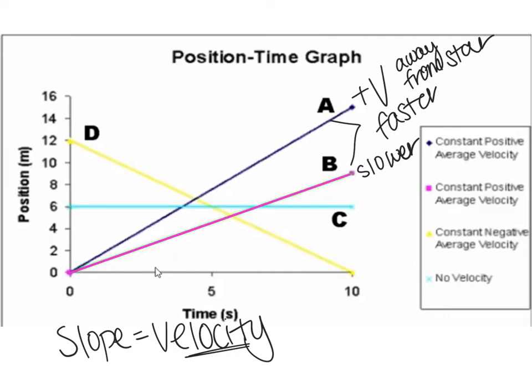Okay? Take a look at C. Read the graph, look a little bit closer, ask yourself, what does that mean? What do you guys think for C, that horizontal line? That means it's not changing position. It started at 6 and it's, perfect. So we know that here, the slope of this line is what?